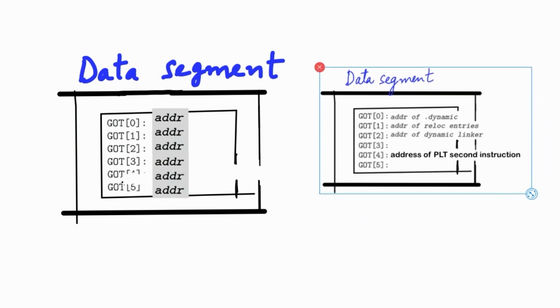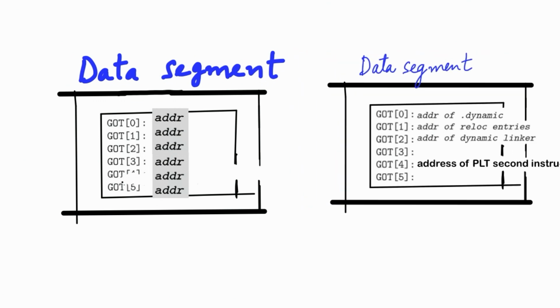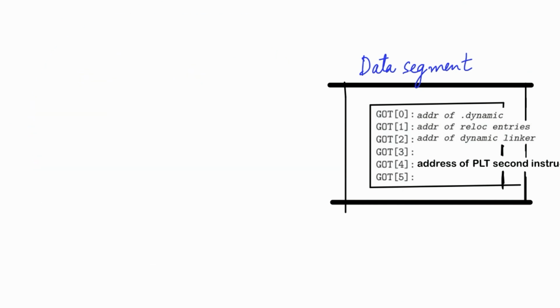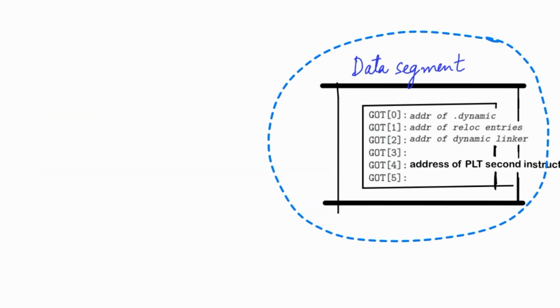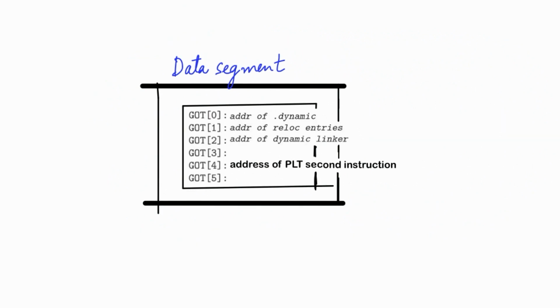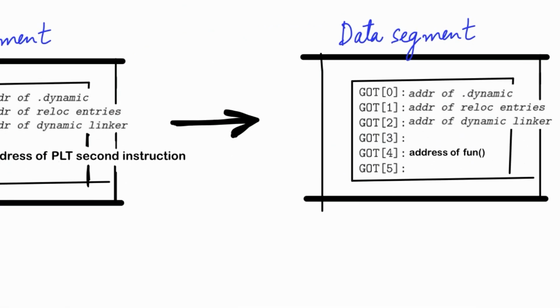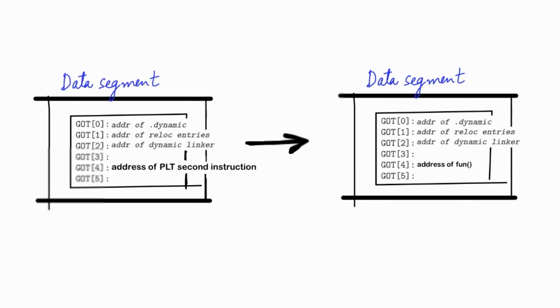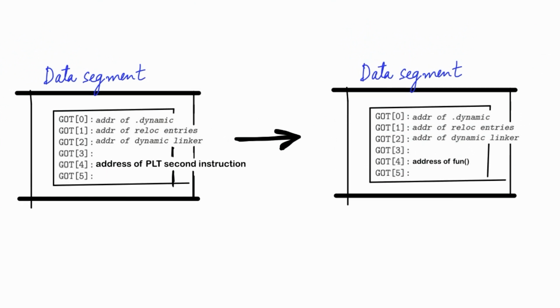If you observe the first three rows, which are exclusively reserved for the dynamic linker, these entries play a crucial role in loading the dynamic linker. The fourth index here holds our function fun, which we use later for examination and discuss an example. The initial value here points to the second instruction in the PLT entry for the same function fun. The significance of this will soon become clearer.